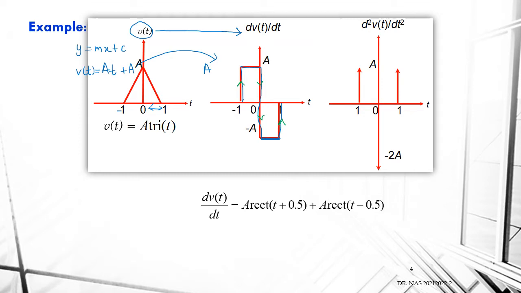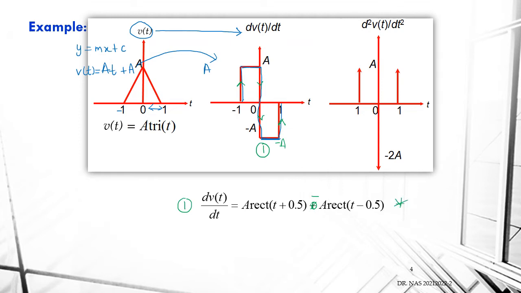Okay, so let's write the equation. The first one, dv(t)/dt is equal to A rect(t + 0.5) minus A rect(t − 0.5). This one is negative A, so it's supposed to be negative. How do you get this equation?